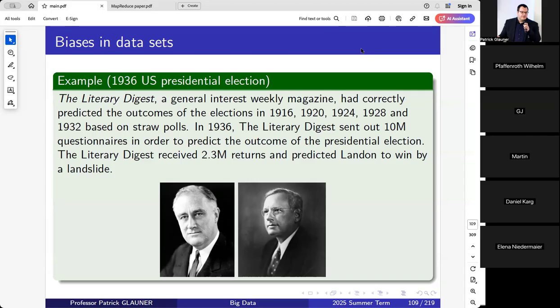And they wanted to make a prediction in 36 as well. So what they did is they sent out 10 million questionnaires to voters to predict the outcome. And they got back 2.3 million returns, and they predicted that Landon, the governor of Kansas, would win with a major lead. Now, none of you have heard about Alfred Landon before, so probably it didn't work out very well.